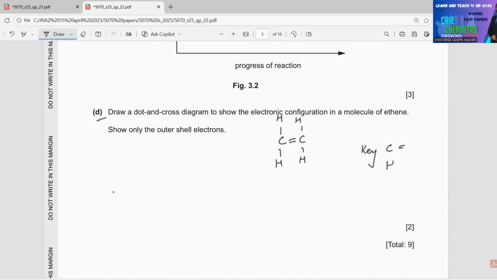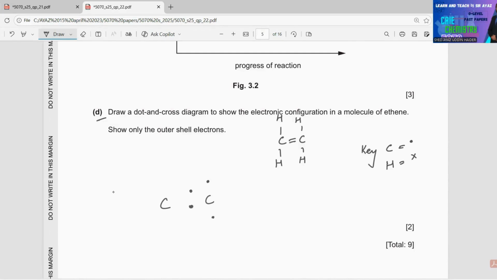I'm taking dots for carbon and cross for hydrogen. So we have two carbon atoms, both are forming double bonds. So two electrons will be coming from each carbon atom. For instance, for the right hand side, we have 1, 2, 3, 4.